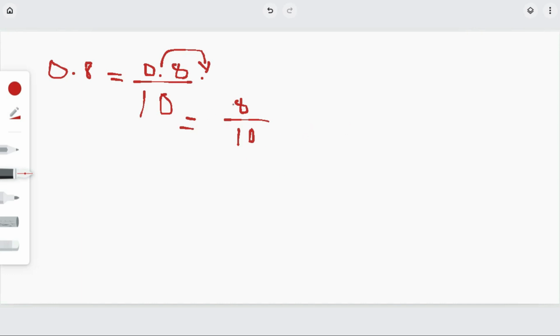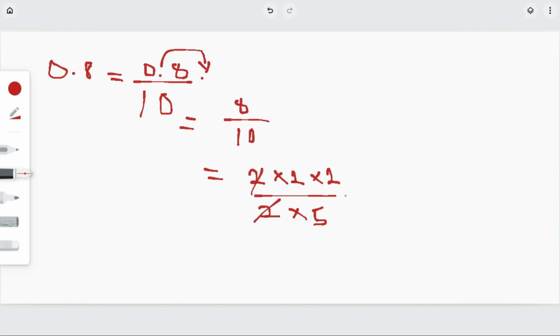So now we have 8 over 10, and we want to reduce it to the lowest term using the prime factorization method. We are going to find the prime factors of 8, which I've already done, and that will be 2 times 2 times 2, and the prime factors of 10, which will be 2 times 5. So what is common in the numerator and the denominator? We have 2 here.